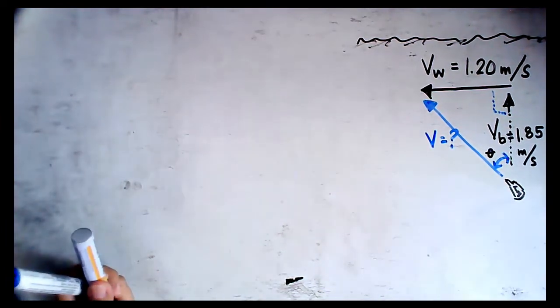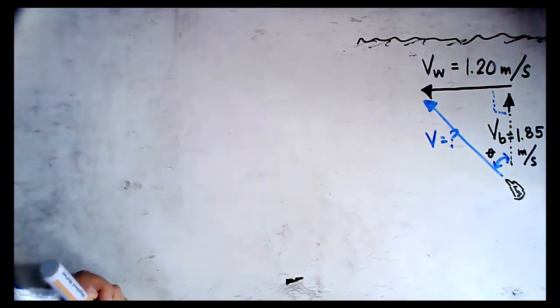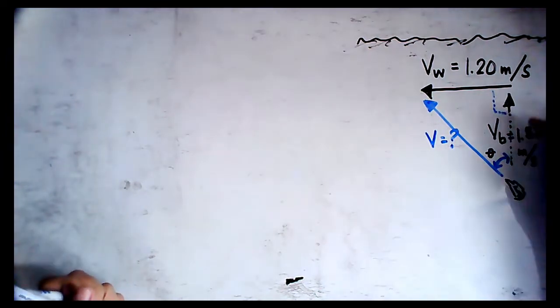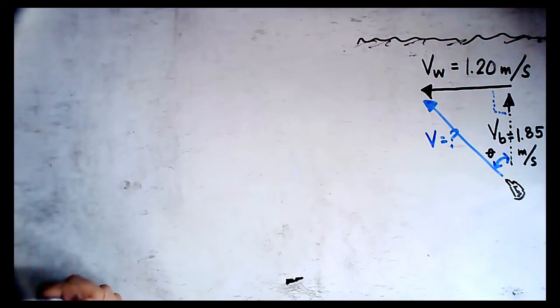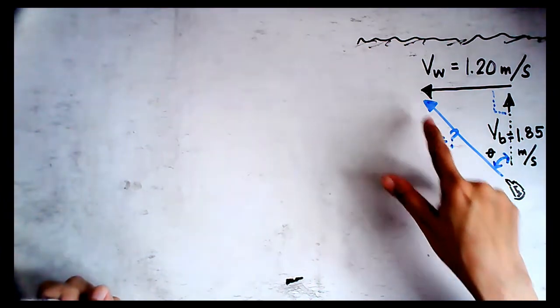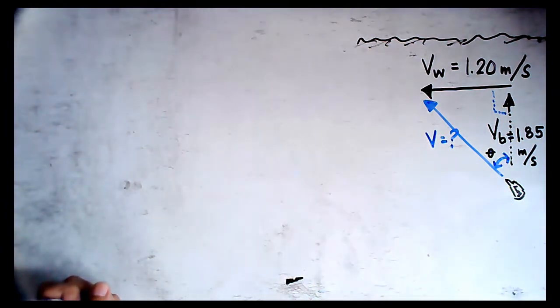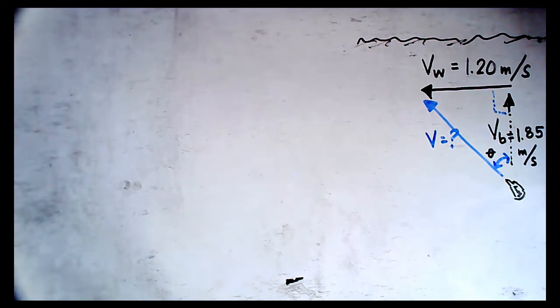So based on the figure, you have a right triangle. And if you recall your trigonometric formulas, we can determine the value of the velocity by simply making use of the Pythagorean theorem.